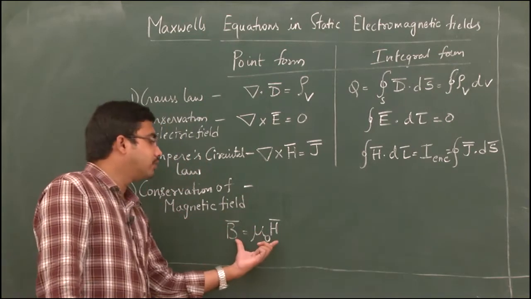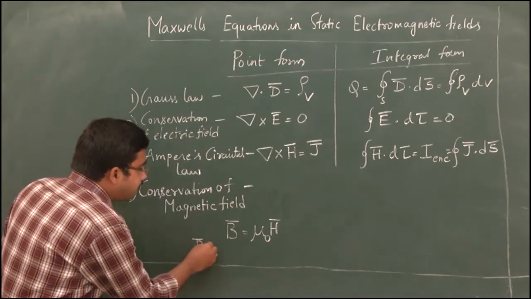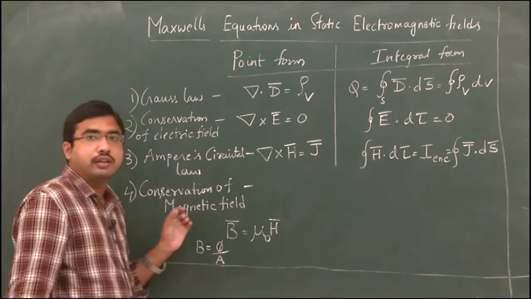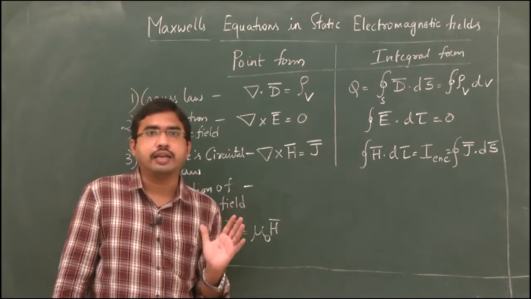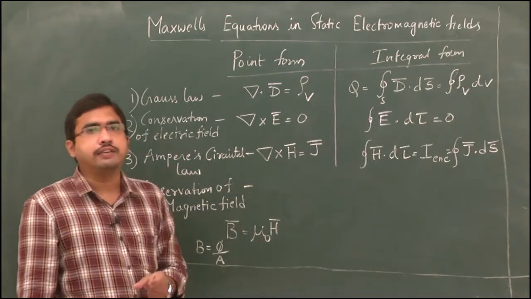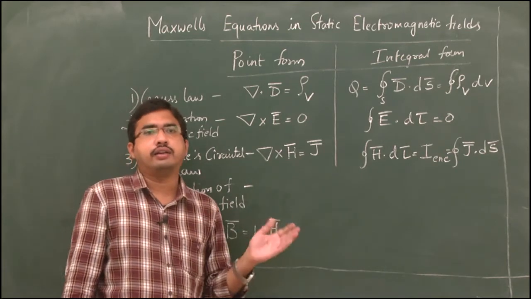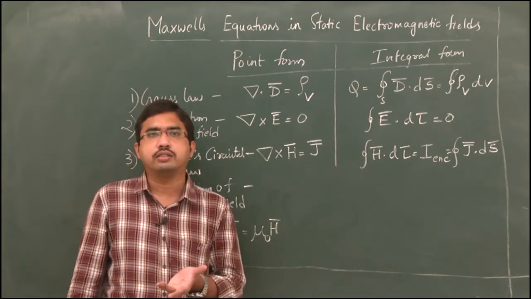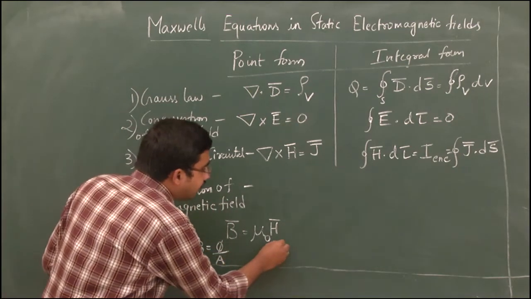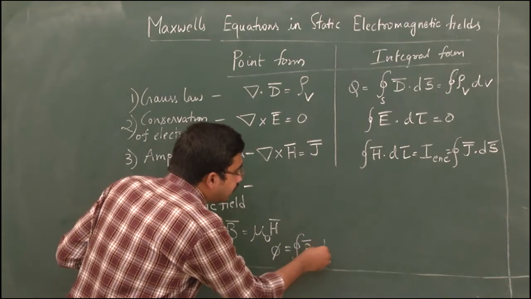This is the relation between B bar and H bar, and we also know that flux density B equals phi by A. This is when the flux lines are exactly at right angles to the unit surface area that you are considering. But if the flux lines are not at right angles to the unit surface area, then this flux phi can be written as phi equal to integral B bar dot dS bar.